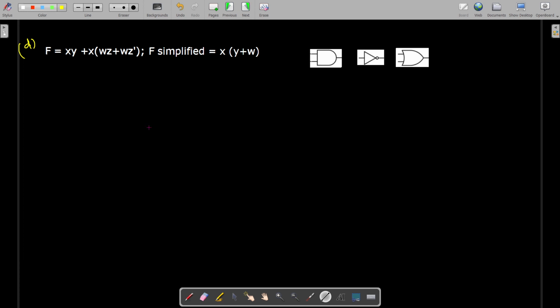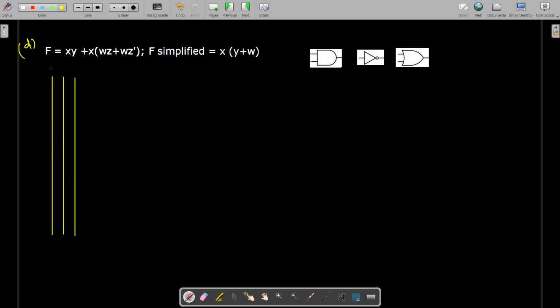We need four input lines as we have four different literals x, y, w, z, right?